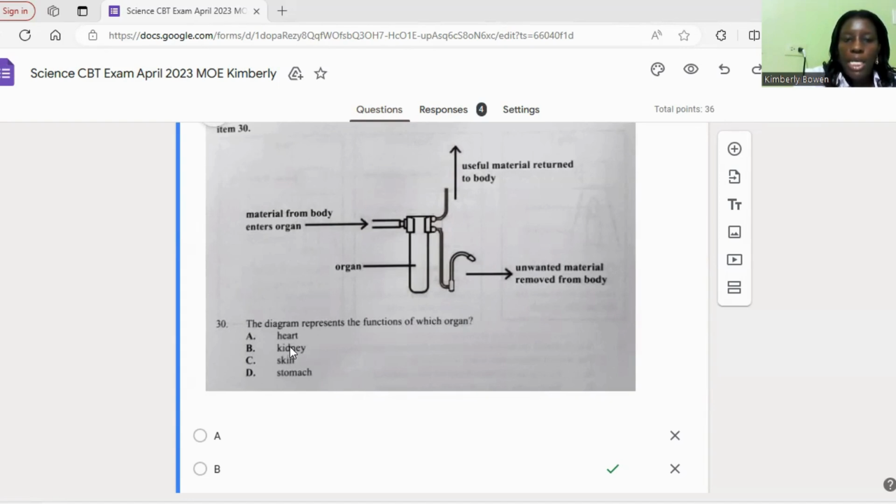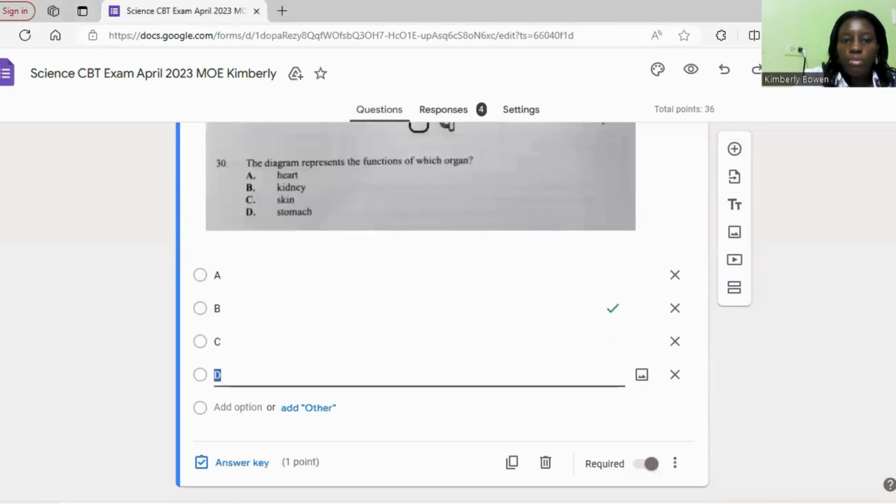The kidney: the useful materials are returned to the body, and then it removes the unwanted materials from the body. The stomach: while items enter the body, the stomach doesn't remove the unwanted material from the body. So the correct answer is the kidney. So B is the correct answer.